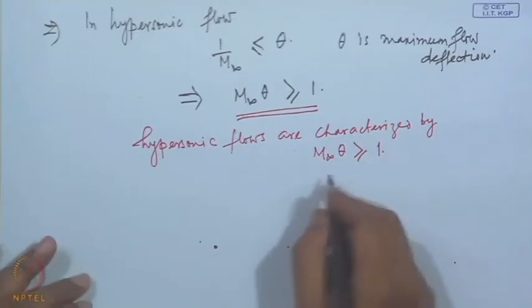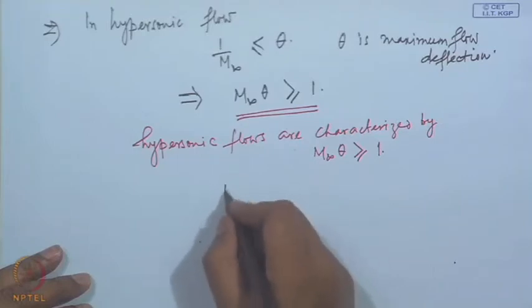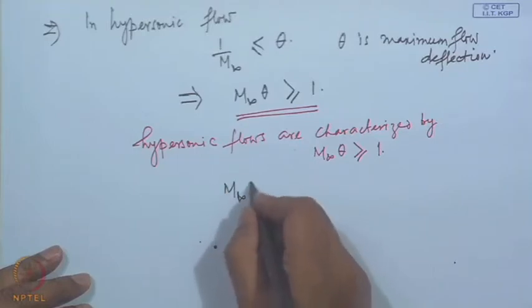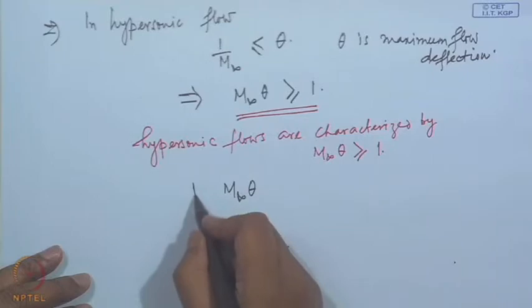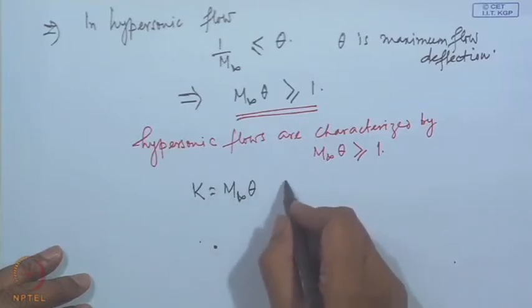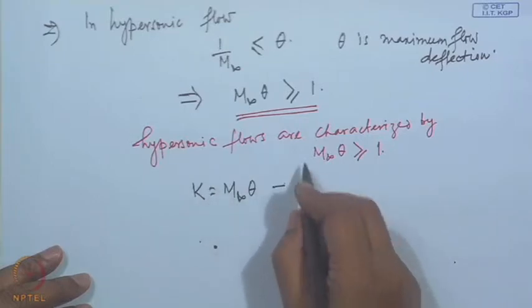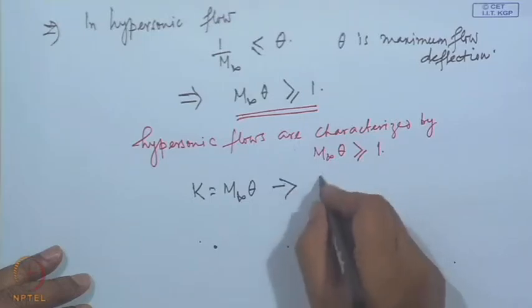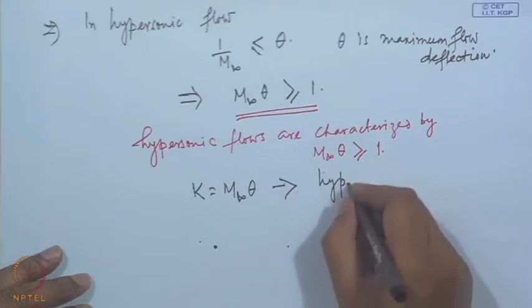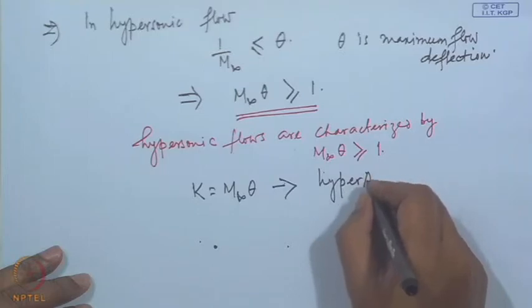This M infinity theta is usually denoted by K, and this is what is termed the hypersonic similarity parameter.